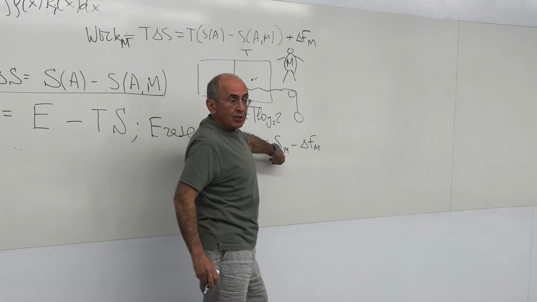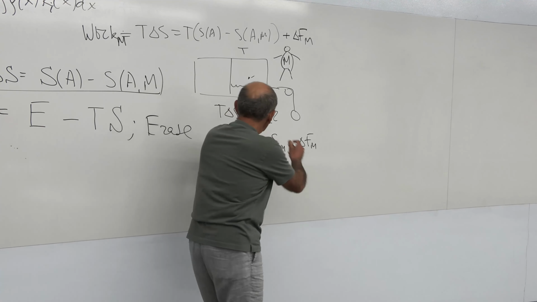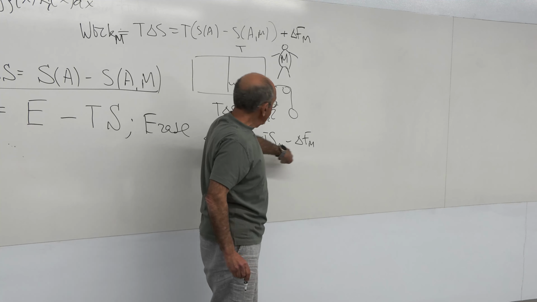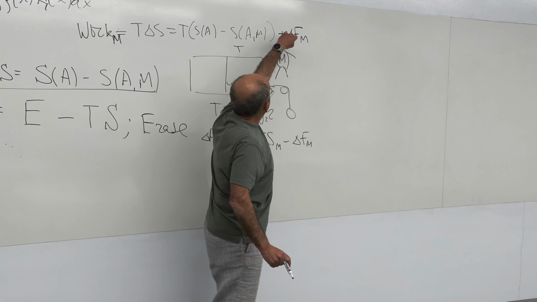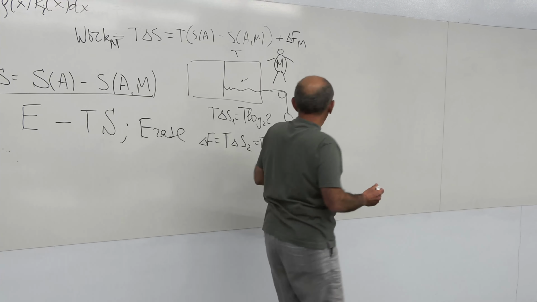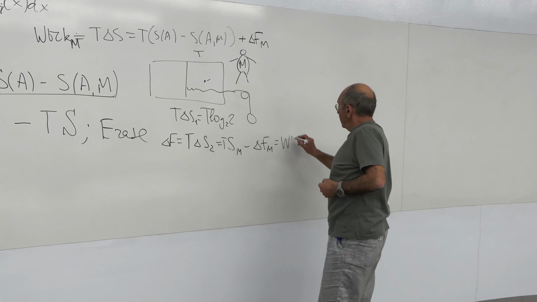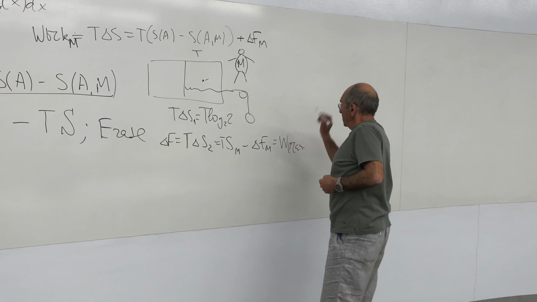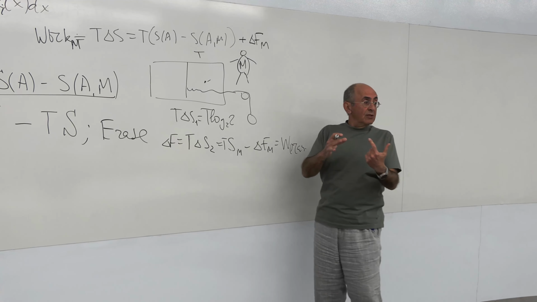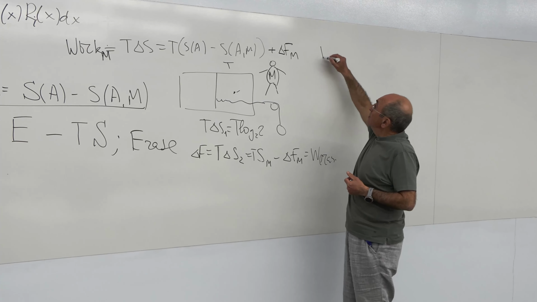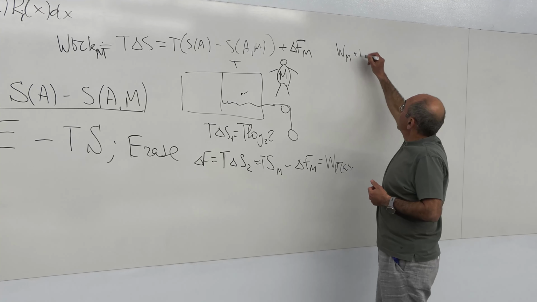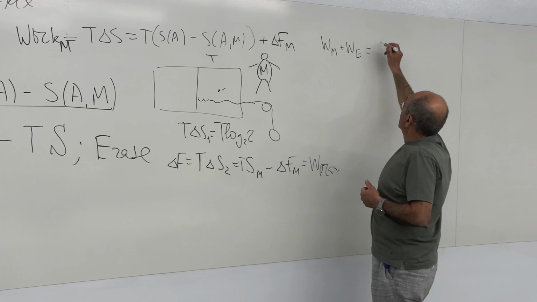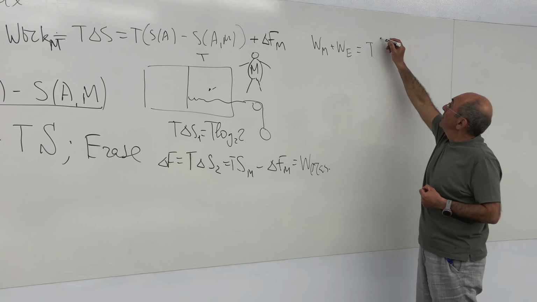So you need to erase this, times temperature, that would be the energy, and you need to return your device back. So this would be the work of erasure. Now, if you add it together, so you add W_M plus W_E, what would you get?